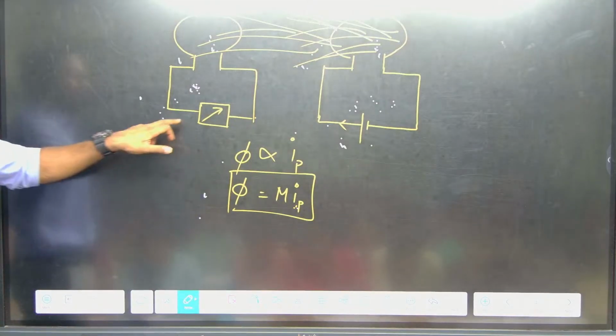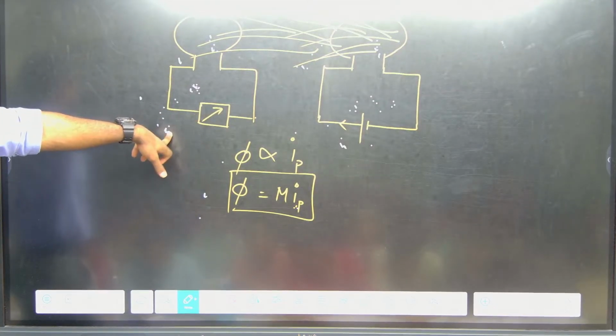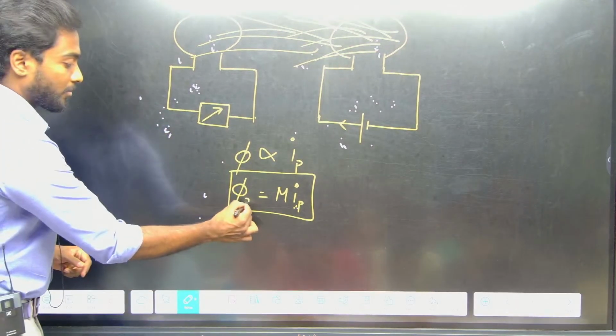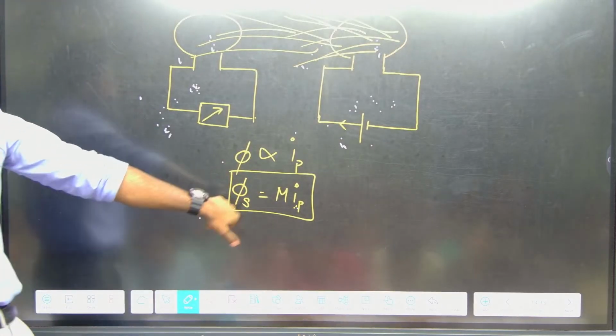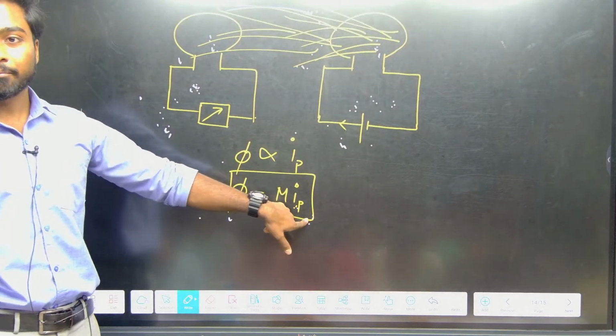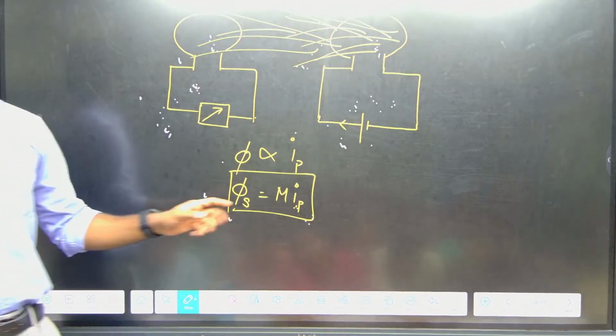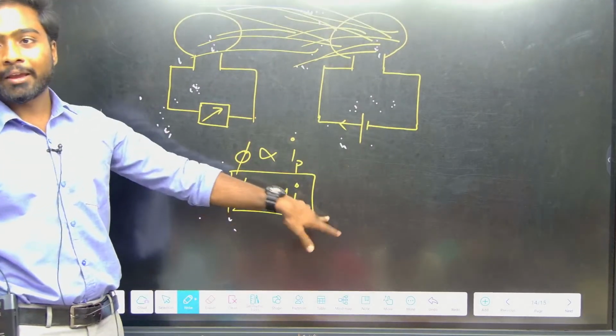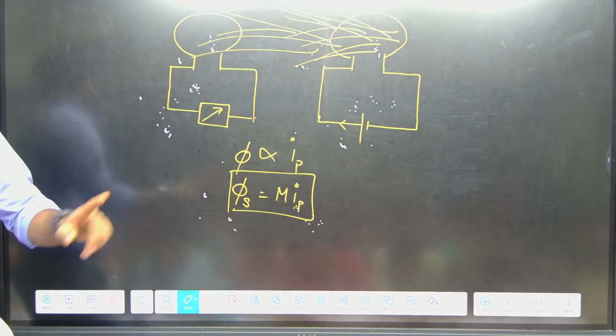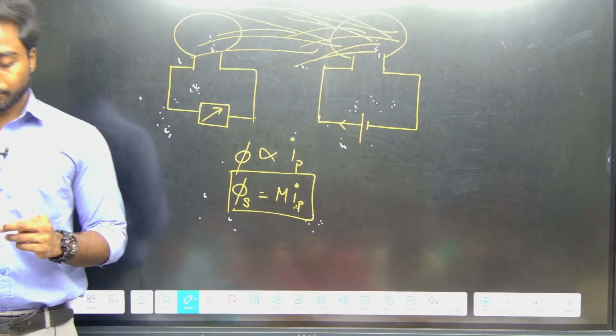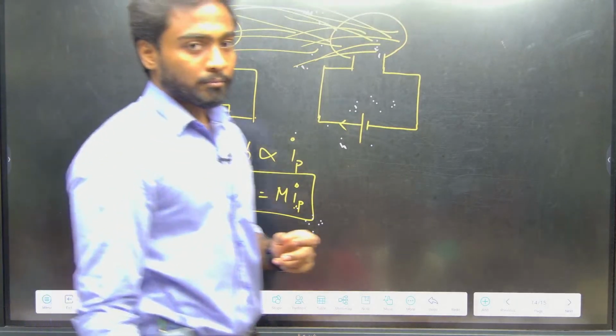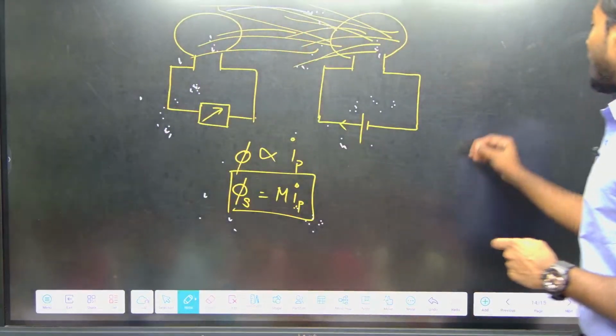So what flux is this? Secondary flux or primary flux? Secondary flux. So secondary flux is created by the primary current. Okay, secondary flux is created by the primary current, that is called mutual inductance. So what is the formula for the EMF?